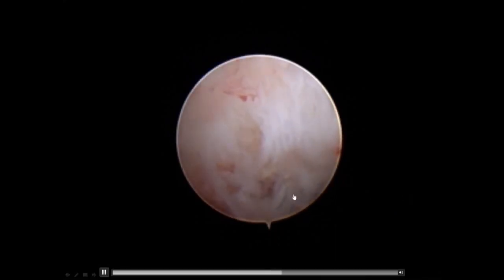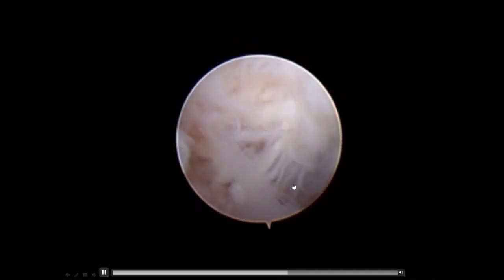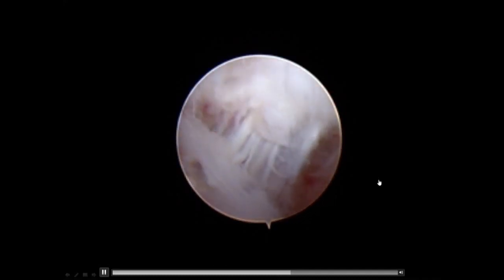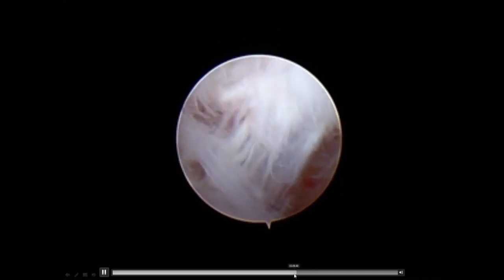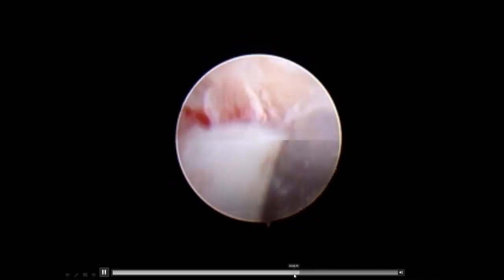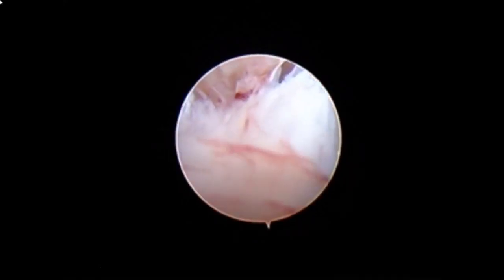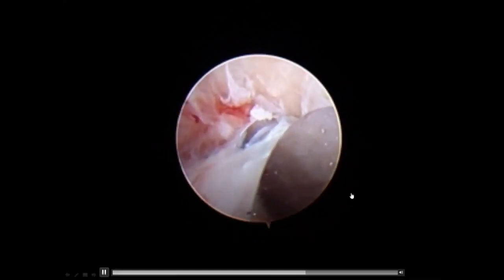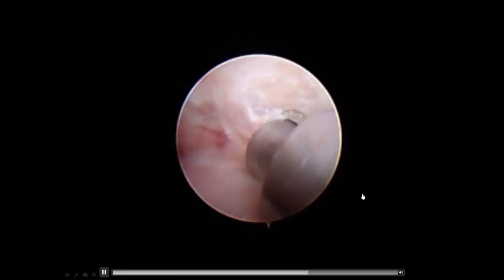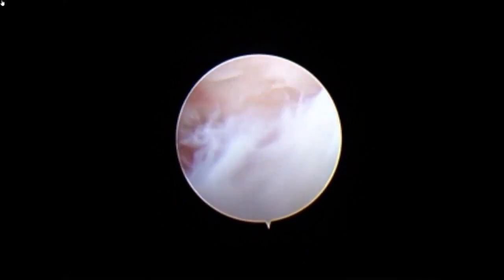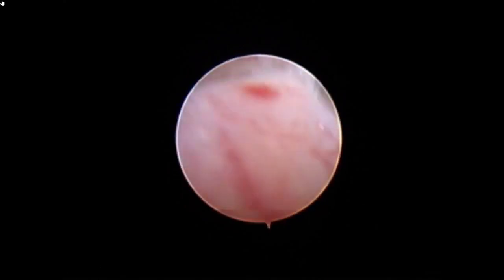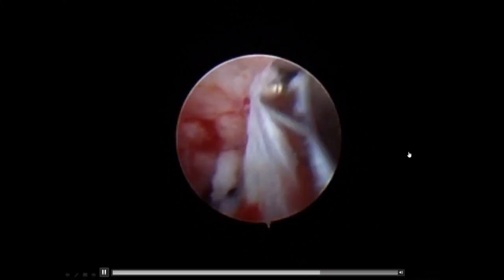Notice those little adhesions in addition to the fibrotic tissue, which have a more coarse type of appearance. Just letting this run and having you see the full pathology of what's going on inside the joint. And notice how angry that tissue is.